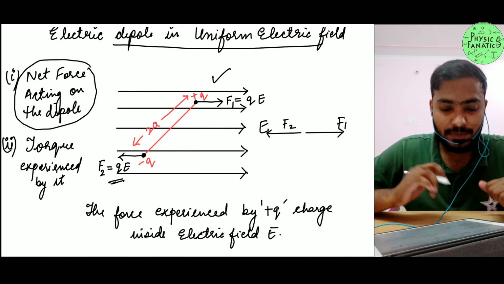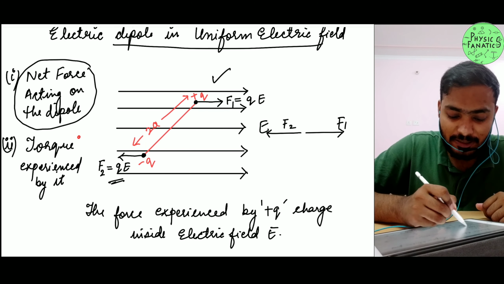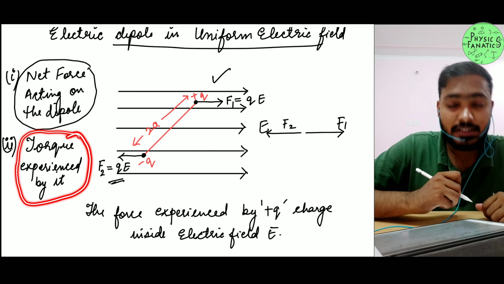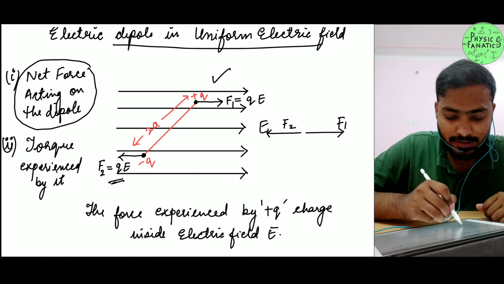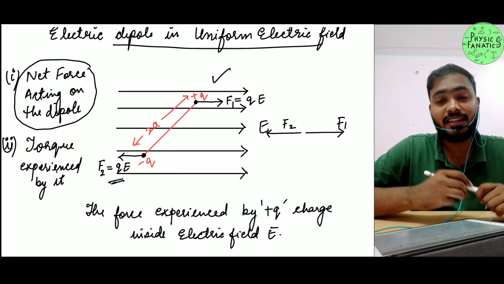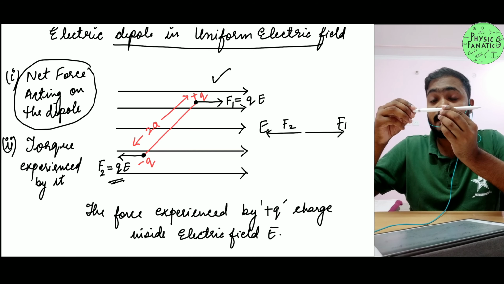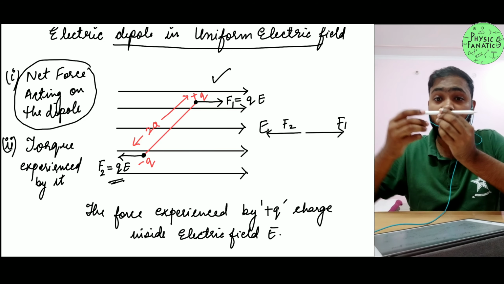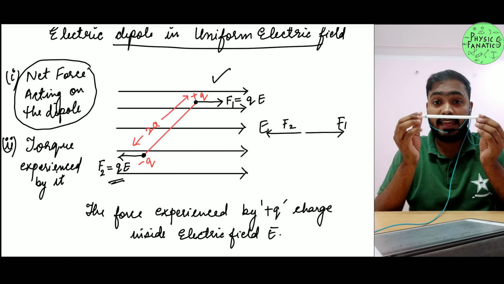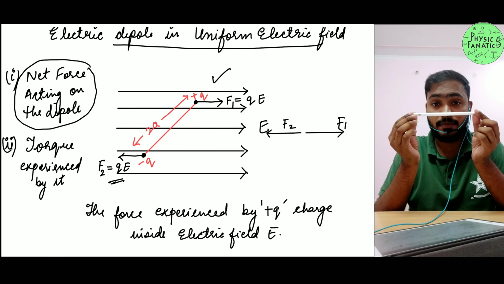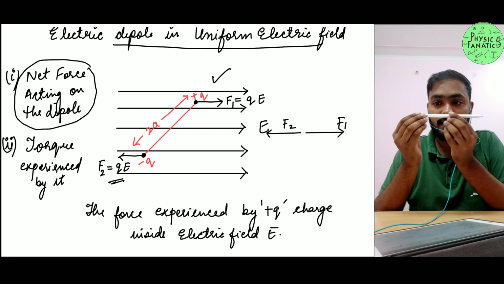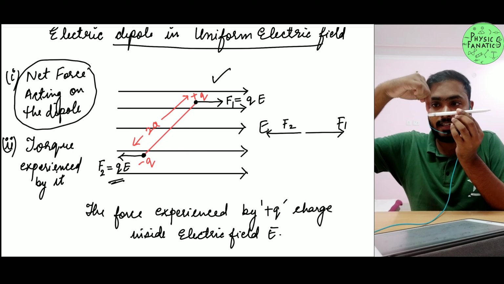Yes, great. So that brings me to the next part of the question, that is the torque. From where is the torque coming? We have studied in 11th standard, whenever there is a couple of forces acting equal and opposite on the edges of, let's say, a pen, so let's say I have applied a force like this.